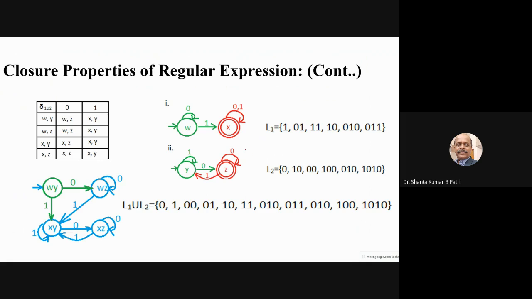The states formed are: W with Y, WY; second, WZ, where W is multiplied with Z; then X is multiplied with Y; then X is multiplied with Z. All these are new states, and this will be the initial state, because in these two finite automata the initial state is WY.